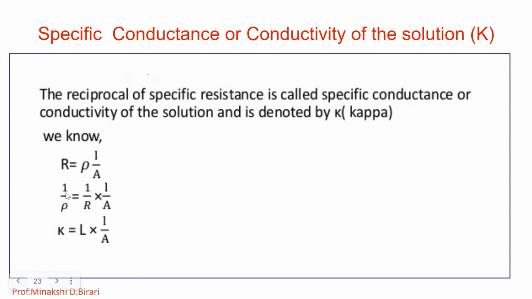Therefore, 1 upon rho is equal to 1 upon R into L upon A. So, specific conductance is equal to 1 upon R into L upon A, because the reciprocal of specific resistance is called specific conductance. So here rho is the specific resistance. When we take its reciprocal, we get the specific conductance, that is denoted by K, kappa.